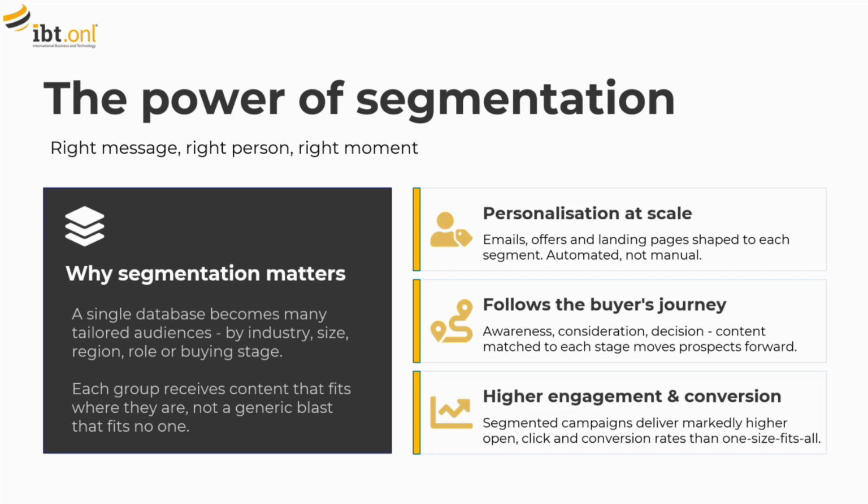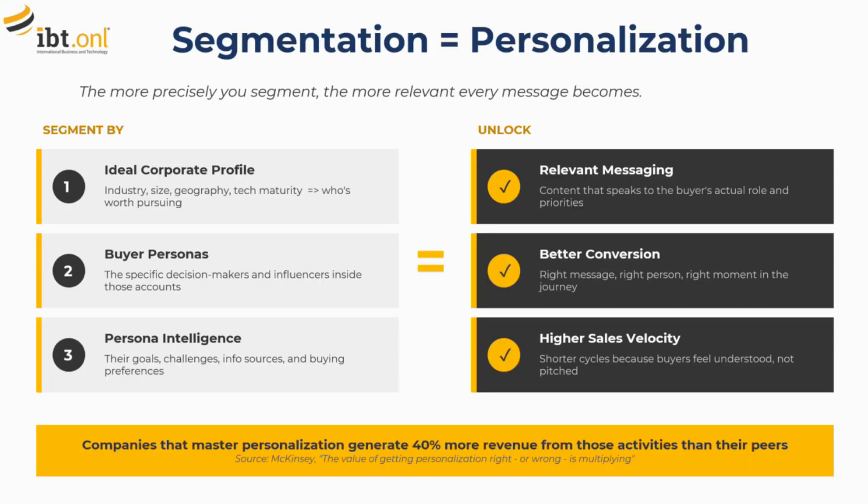So here, just to have a quick practical note again, segmentation equals personalization, but again, the more precisely you can segment, the more relevant every message becomes, and the more relevant every message has to be.